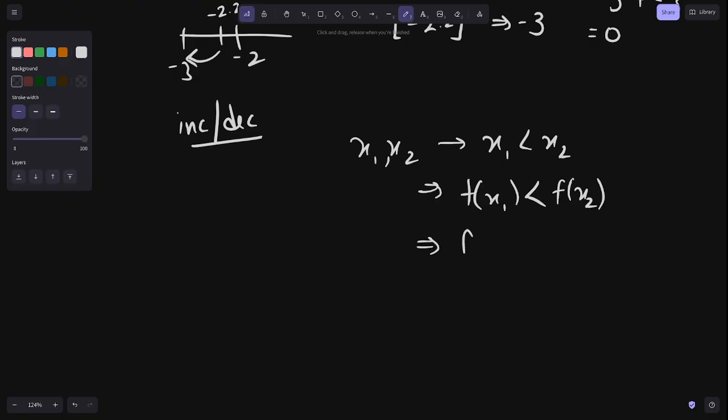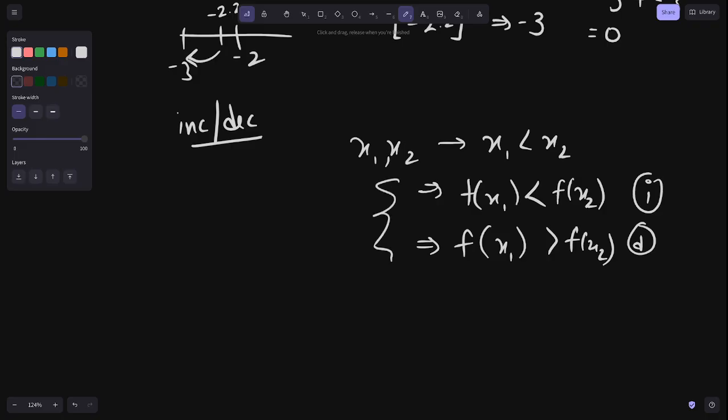For a decreasing function, you can write it as f of x1 greater than f of x2. Now one thing you have to realize is that this is called strictly increasing. But if you put an equal to sign, it's not strictly increasing, it's just increasing or decreasing. One will be strictly and one will be not strictly.